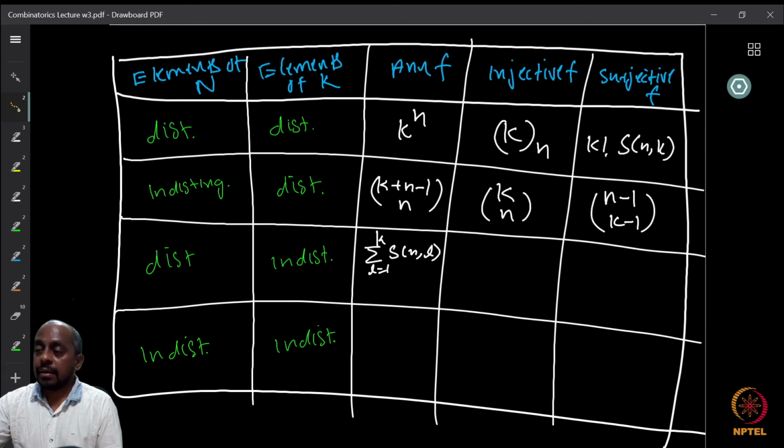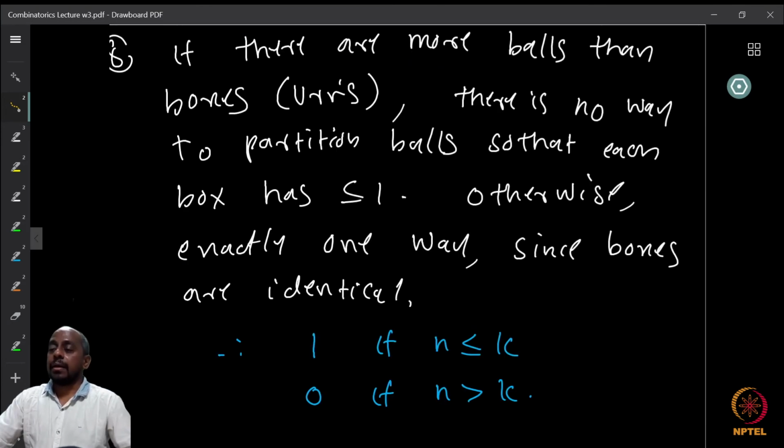Which is f is injective. So we have distinguishable balls and identical boxes and an injective function. Now, we are looking at injective functions. If the number of balls is more than the number of boxes, there is no way to find an injective function, because the cardinality of n is greater.